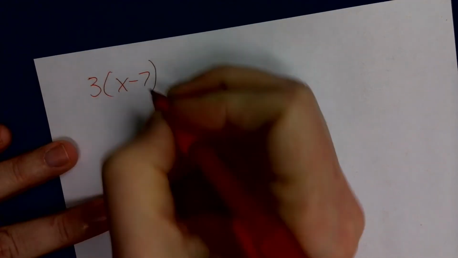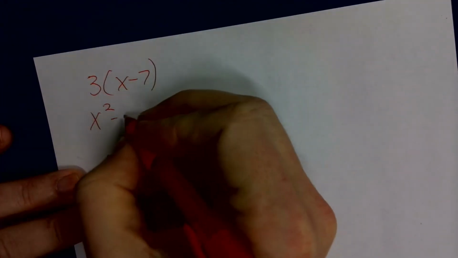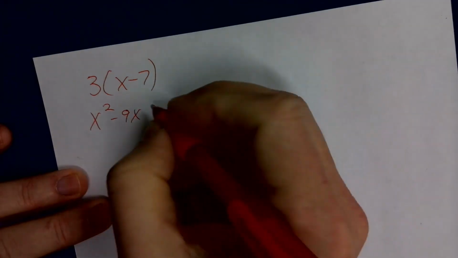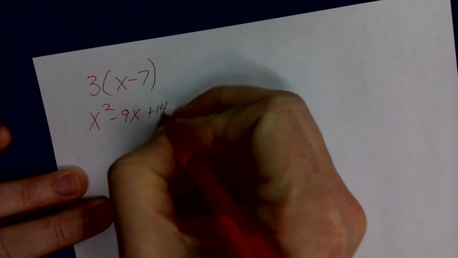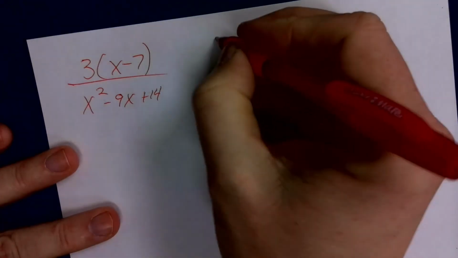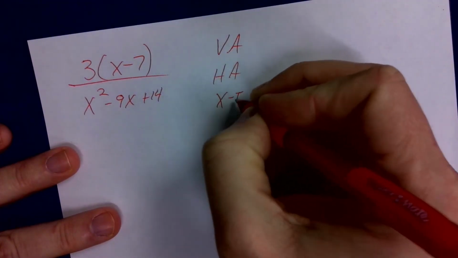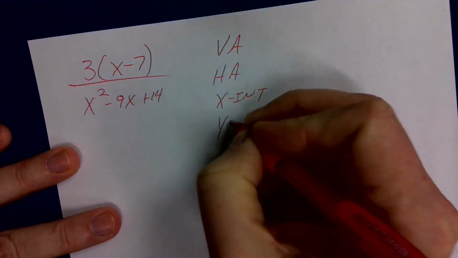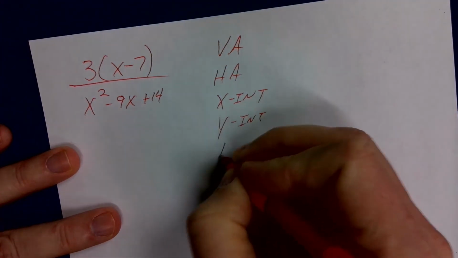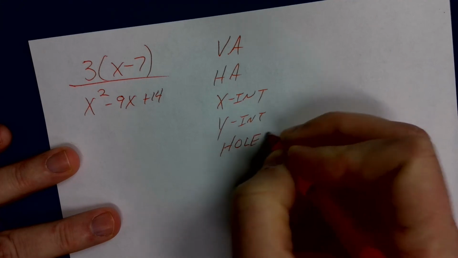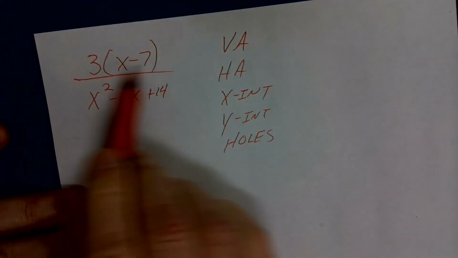Okay? So then we had problems where we were doing stuff like this. 3 times x minus 7 over x squared minus 9x plus 14. And I ask you for VAs and HAs and x-intercepts and y-intercepts and holes. And I did one that was 50-50, so 50% of it's factored up here.